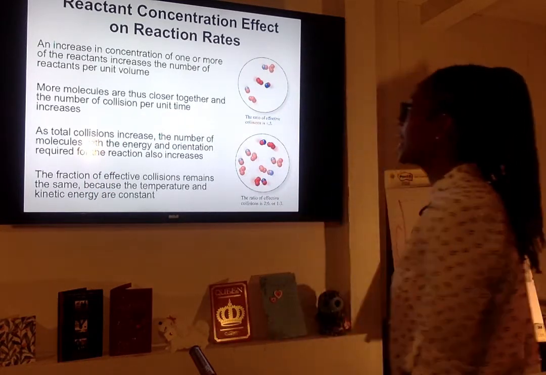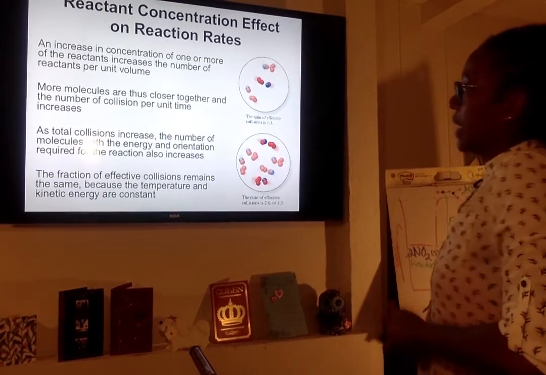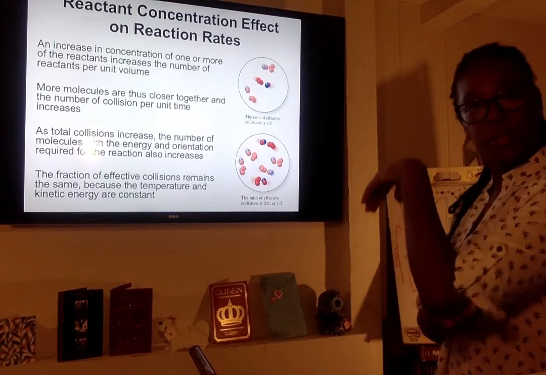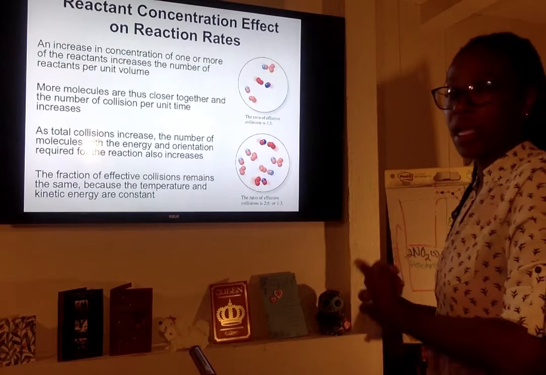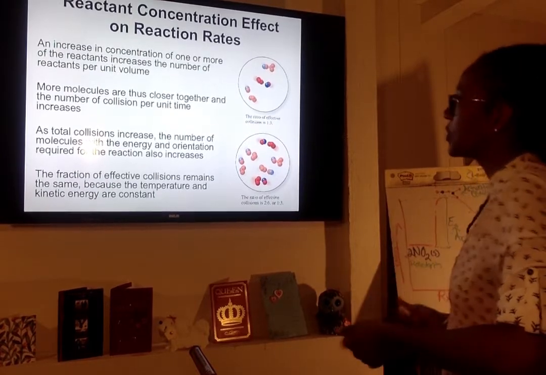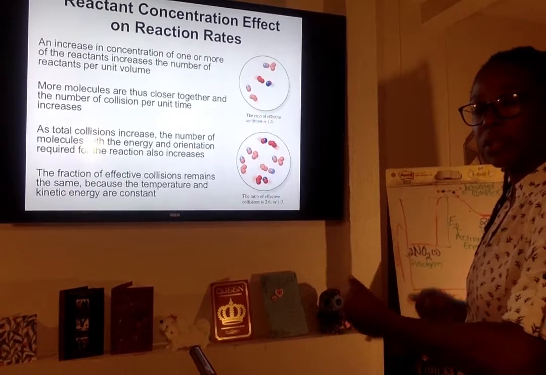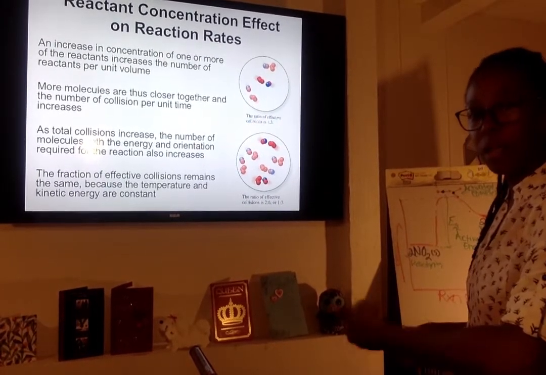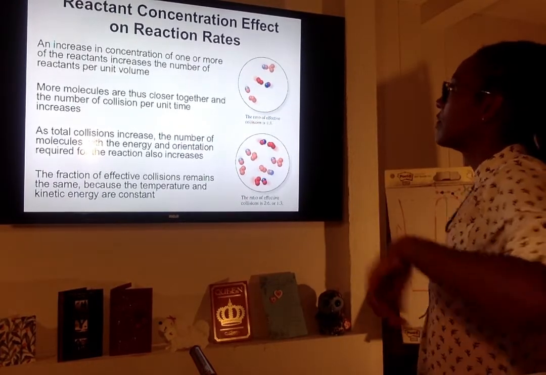We talked about temperature, which is kind of like energy as well. Temperature is kind of another form of energy. So we talked about temperature, and now we're going to talk about reactant concentration, because we're going through all the different factors that affect reaction rates.